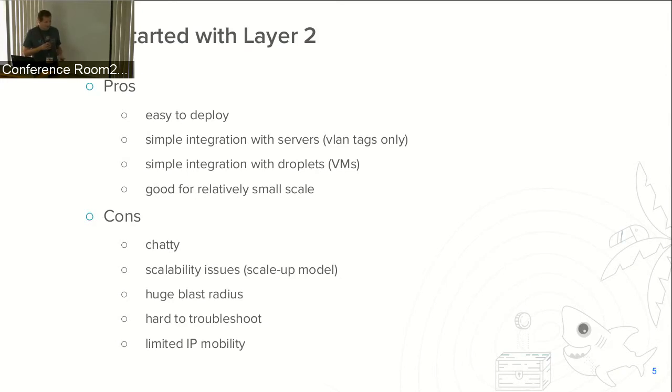I can go to a hypervisor in one of our data centers that's still on a layer 2 network, do a TCP dump, and just watch ARPs fly by as fast as they can come in. There's a lot of chattiness on these networks, and as we want to scale farther and maintain our IP mobility, eventually this broadcast traffic's just going to take over. When there are problems, they affect a very large number of users and a very large number of systems.